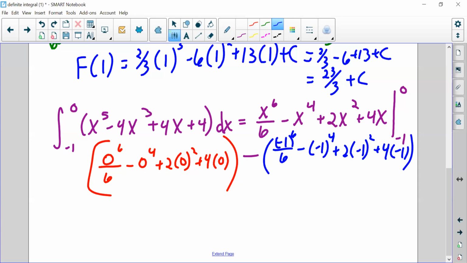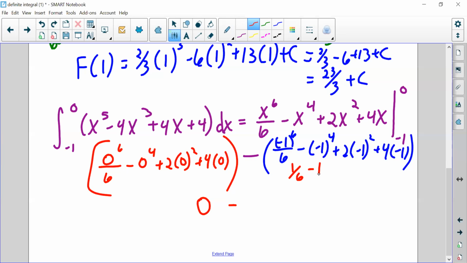Now, the next step depends on how much you want to show. I could just punch this straight into my calculator and figure out what that is. So what is that going to be equal to? 0, minus, now I can just figure out what's inside the parentheses, and it simplifies down. So -1 to the 6 becomes 1, so that's 1/6. I don't have a calculator, so I'm going to do it in my head.